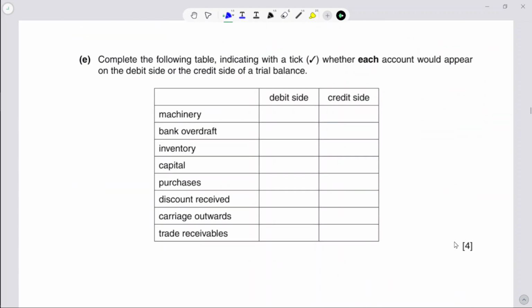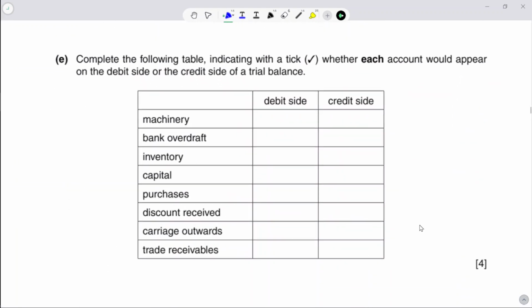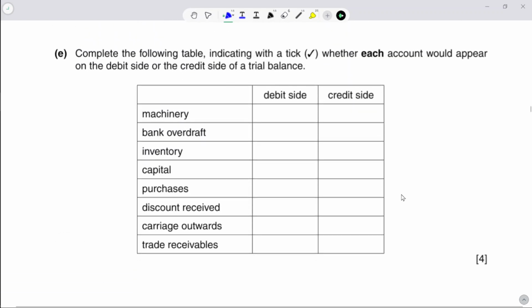Now let's go to page 6. Machinery is an asset, so debit. Overdraft is a liability, so credit. Inventory is an asset, capital credit.